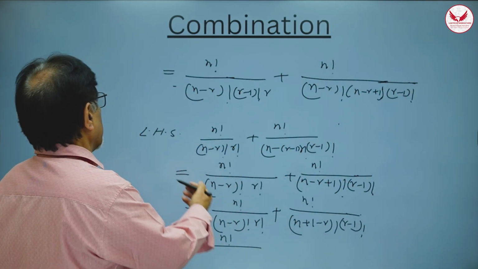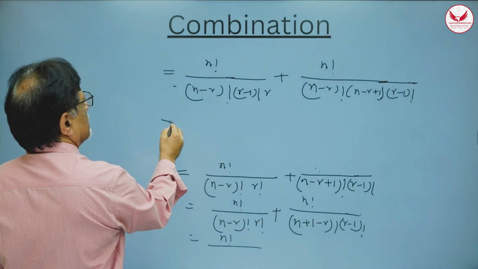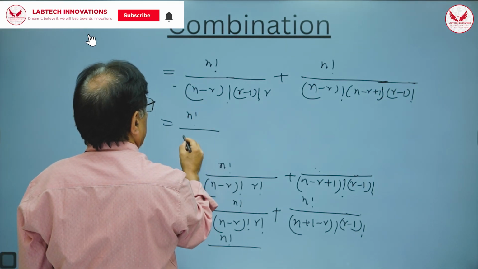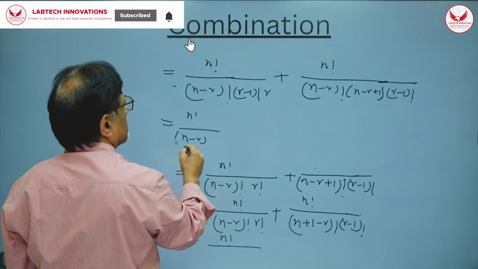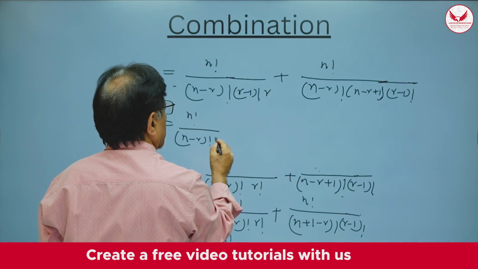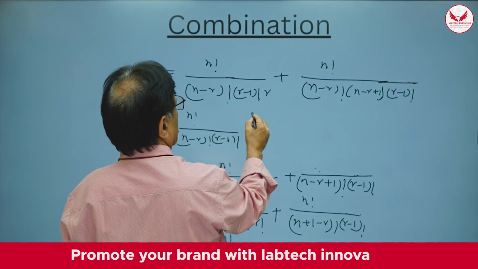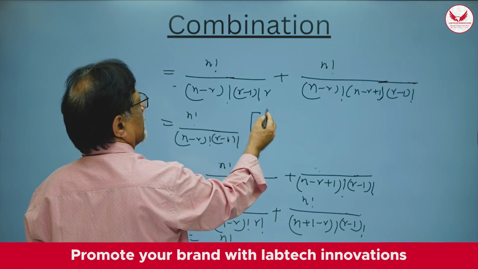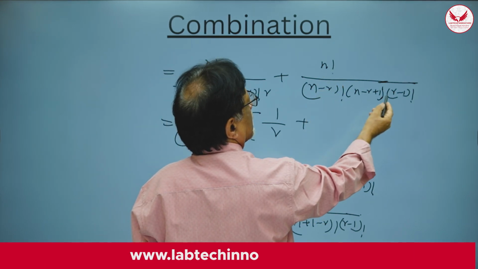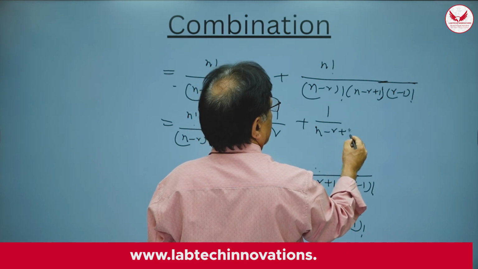So now you can clearly see what can be taken common. So here n factorial is common. Here (n minus r) factorial is common. Right? And (r minus 1) factorial is here also, so (r minus 1) factorial is common. Right? Now what is left inside? Very few things are left. 1 upon r is left. This is gone, and this is gone. So what is left? 1 upon (n minus r plus 1).